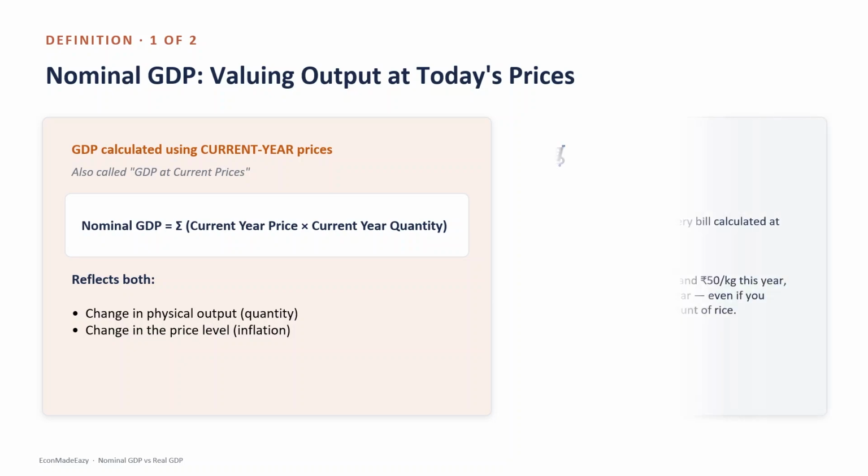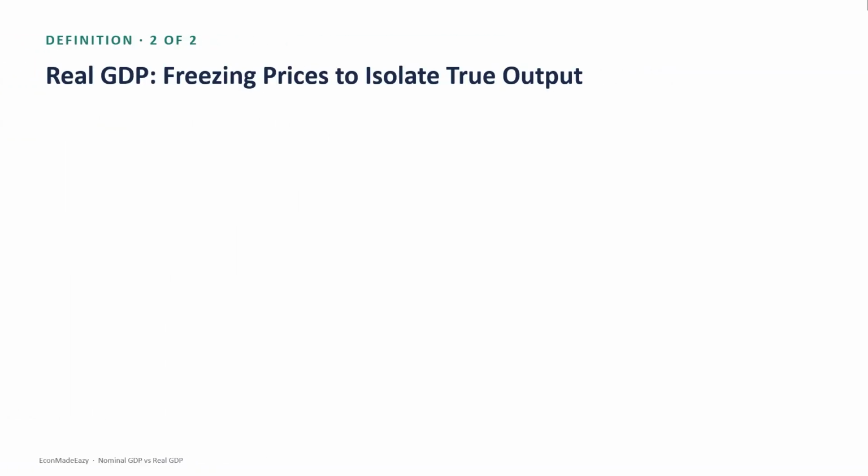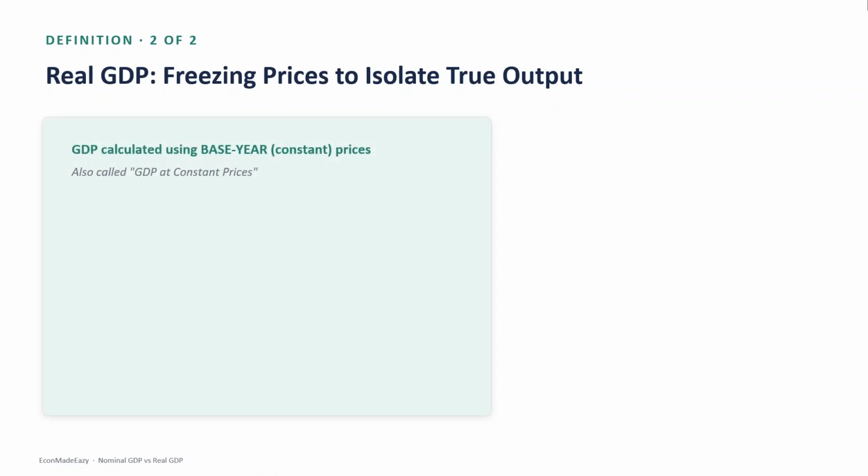Think of your grocery bill. Even when you buy the same quantity of rice, the bill rises if the price increases. Therefore, the nominal GDP can rise without any increase in actual output. Real GDP measures current production using the prices of a fixed base year. It is therefore also called GDP at constant prices.